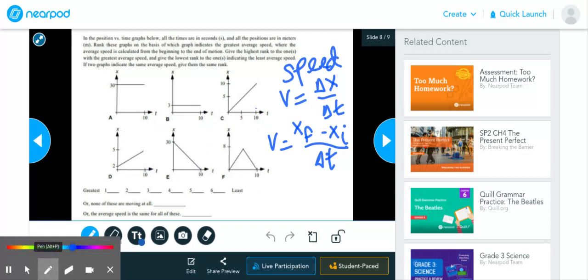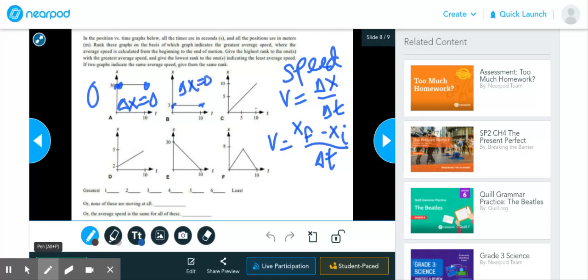Okay, so when we look at A, the difference between the position at t equals 0 and t equals 10 is 0. It doesn't change. So this is going to be a speed of 0. Same down here, this position doesn't change. This is also a speed of 0. All right, here we go from a position of 0 to a position of 10.